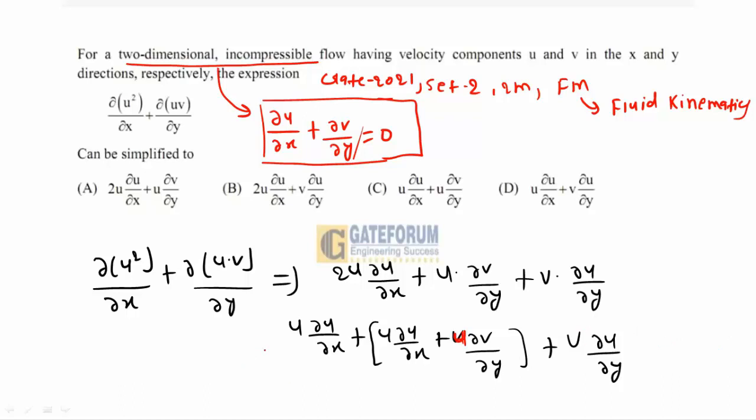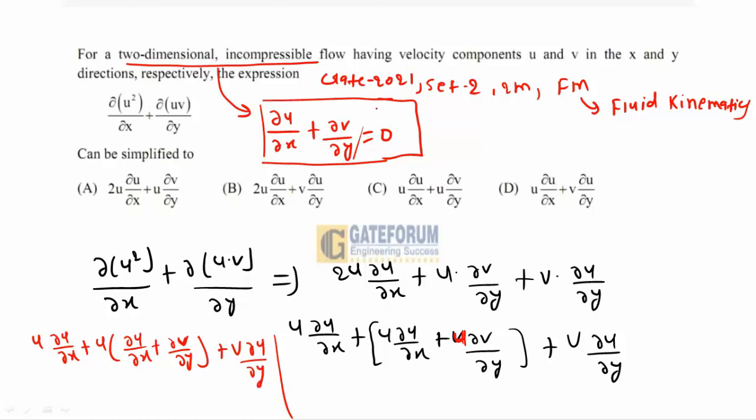Okay, so tell me one thing, my dear friends, from here I can write like that: u del u upon del x plus, taking u common, u times del u upon del x plus del v upon del y, plus v del u upon del y. Can I write? Yes.